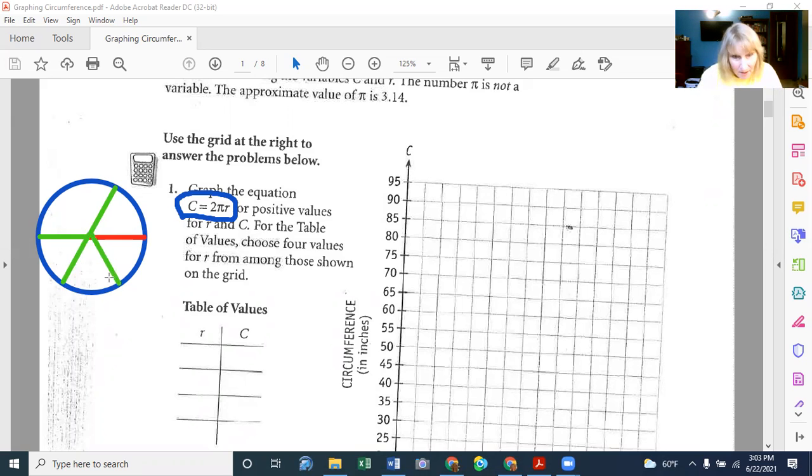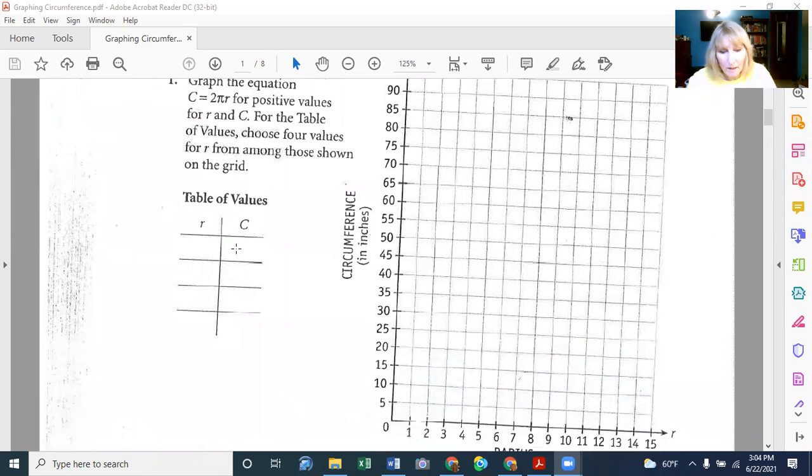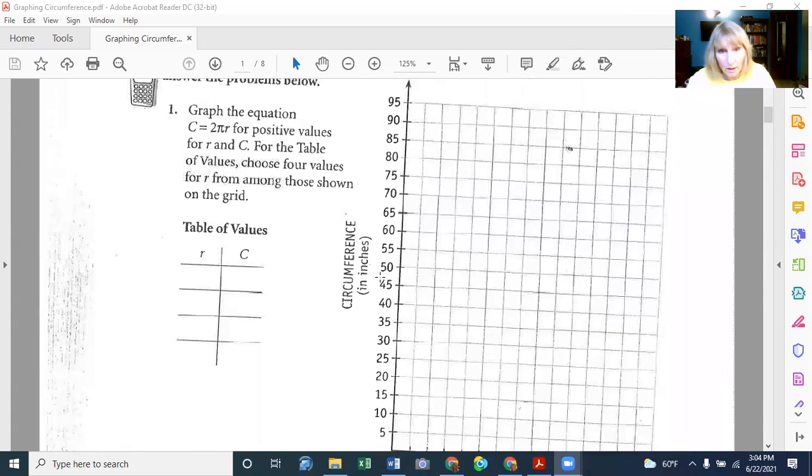So what we're trying to find out is how to graph this equation. We're going to pick values for r, the radius, and values for c. If I scroll up a little bit, I will see my graph goes with radius from 0 all the way to 15, and then the circumference goes from 0 all the way up to about 95.